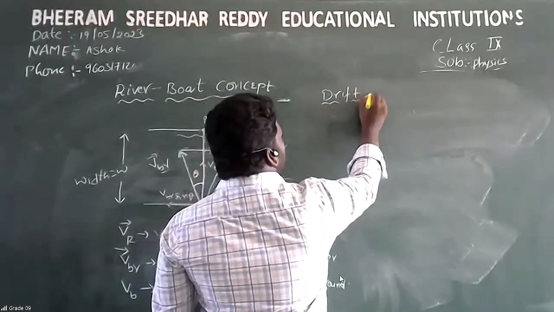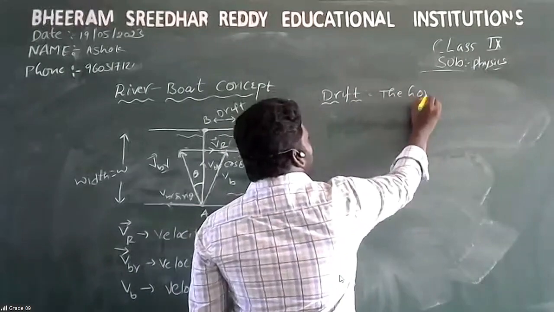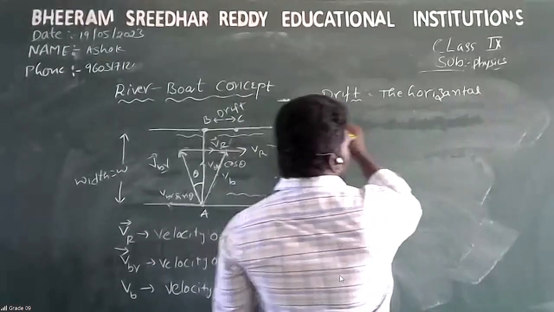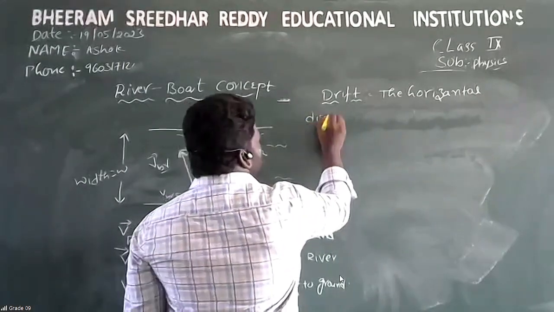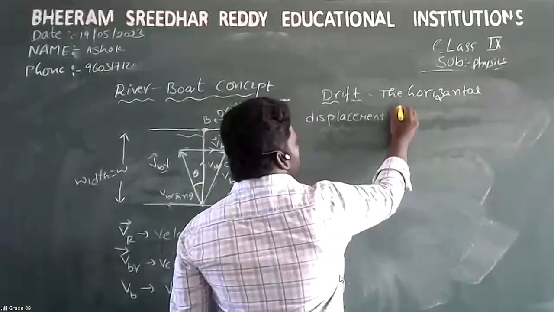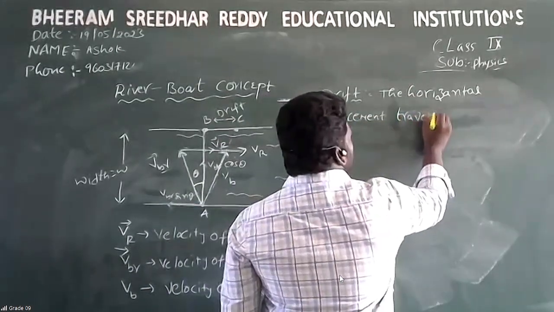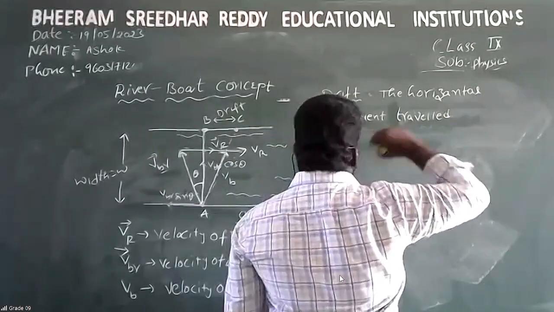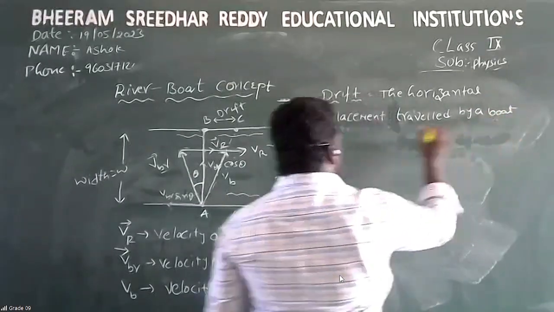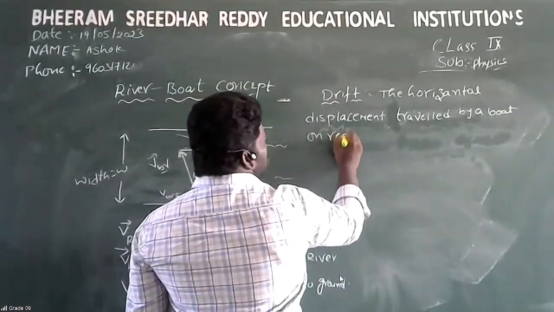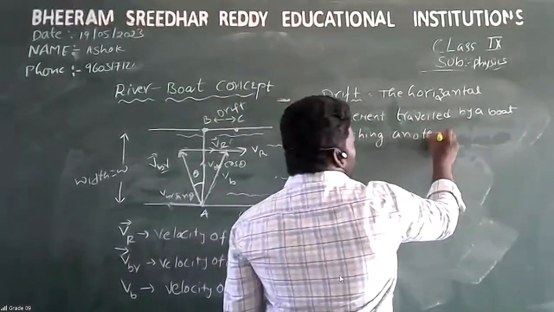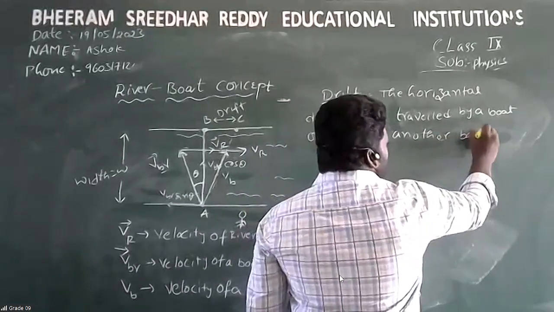Drift is nothing but the horizontal displacement traveled by a body or by a boat on reaching the other bank of a river.